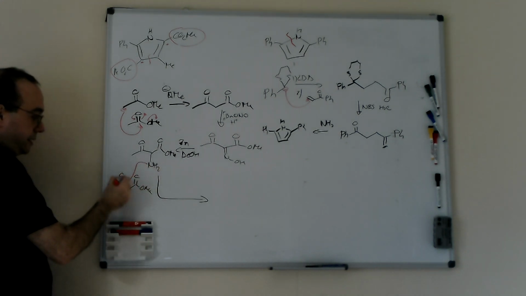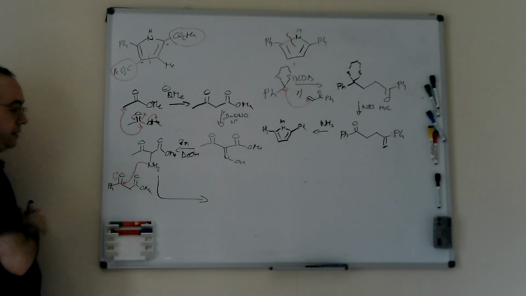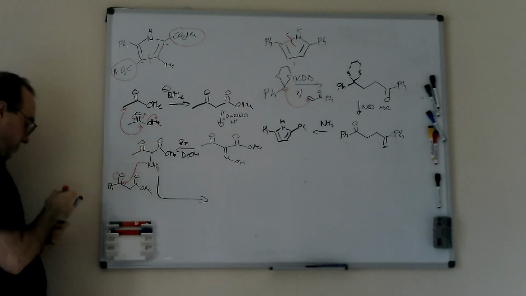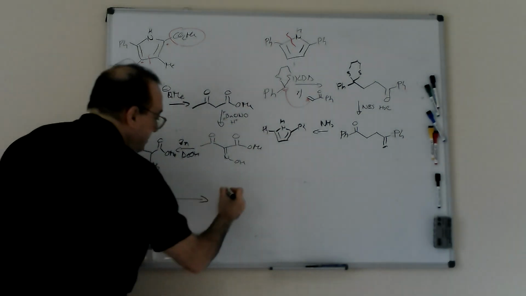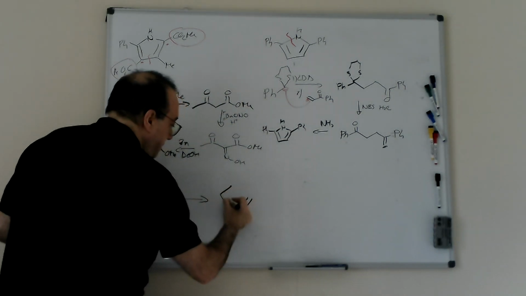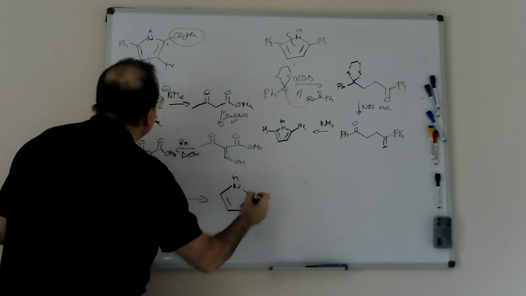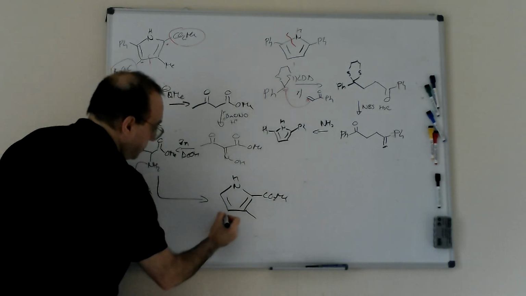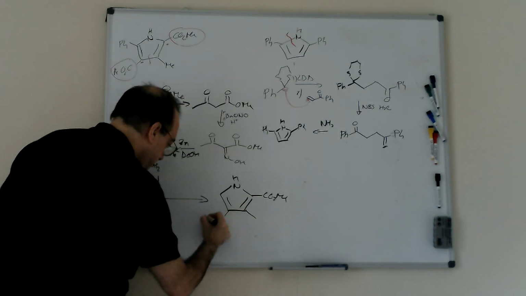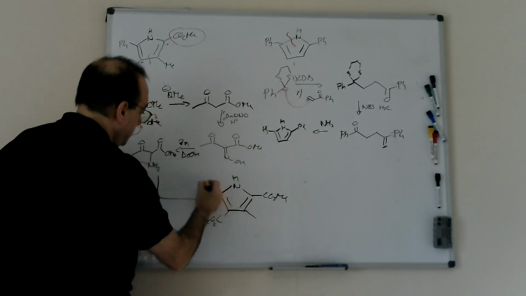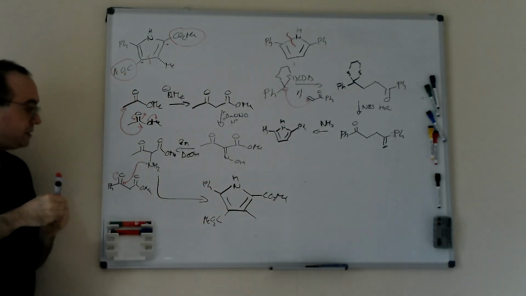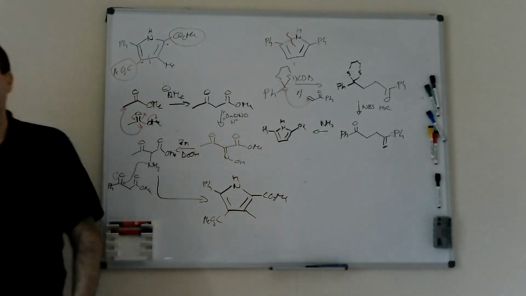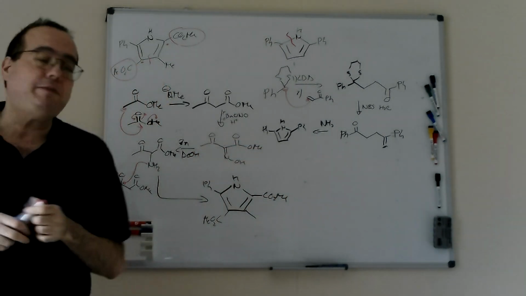This is attacking here, okay, to form the imine, and then the enamine is attacking this carbonyl group to generate the final compound. Please at home try to do this mechanism from here to the end and from here to the end to get used to these mechanisms.